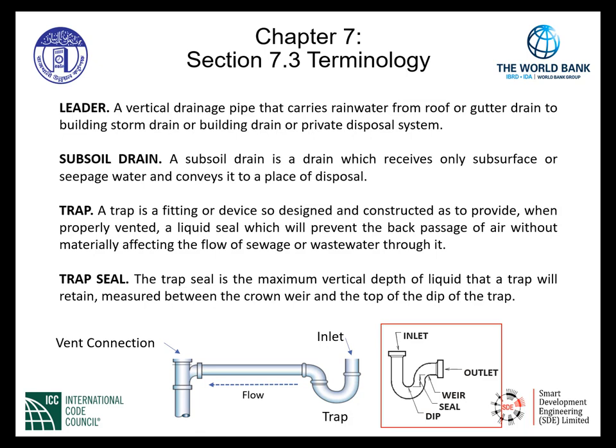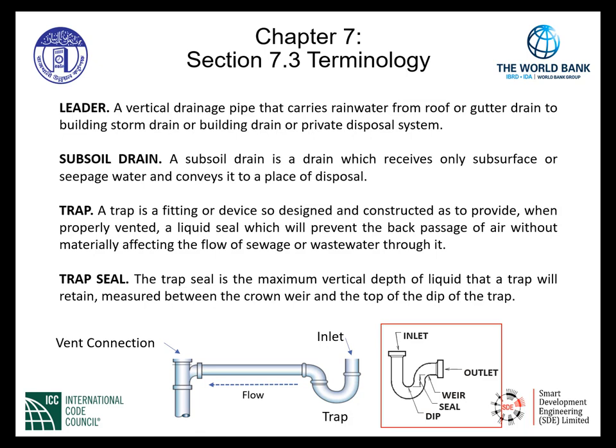To the right, we have a description of what a trap is, along with the terminology for that particular trap. As indicated in the top, we have the inlet into the trap. The dip is defined as the topmost part of the curve indicated in the trap.